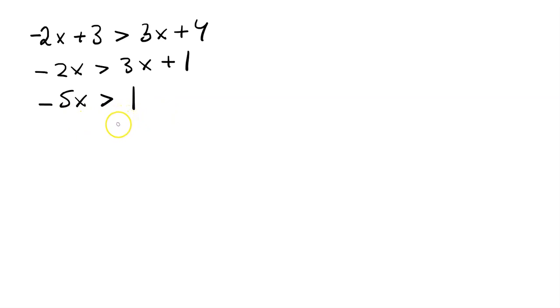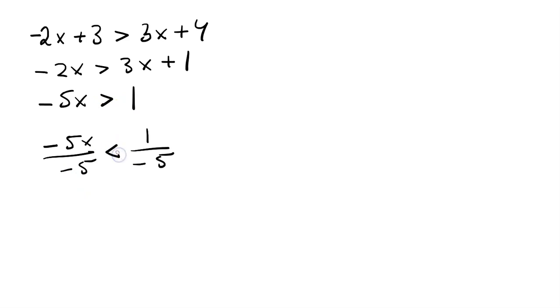So what should we do next? It's very tempting now to just divide by -5. So let's do that. But then we have to keep in mind that if we divide or multiply with a negative number, then this should be switched or flipped.